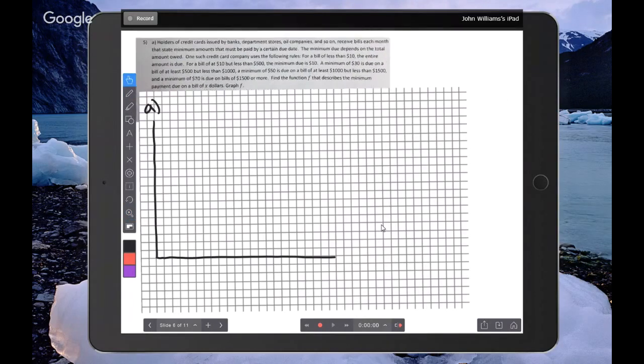Okay, so A, we've got f of x equal to, and it says for less than 10, so the entire amount is due. So f of x equals $10 if x is less than 10.